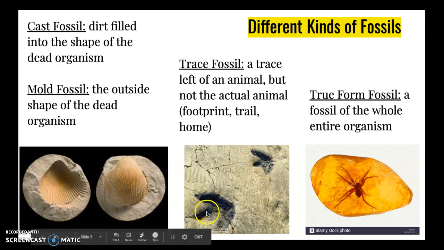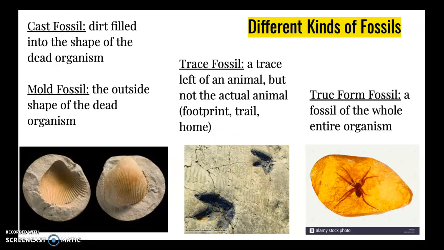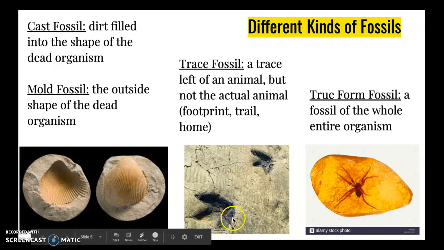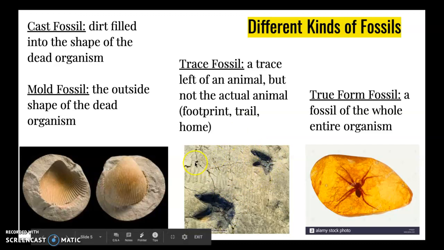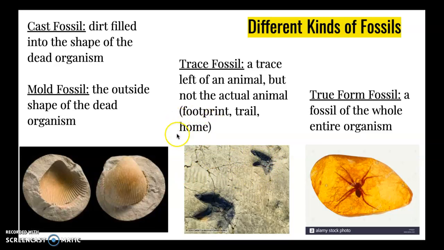These aren't actually the feet of the animal themselves, but it is the print that the actual feet made in the dirt thousands of years ago. A trail would also be an example, if they left a trail with their footprints or by dragging their tail, or their home. If you found a cave that a dinosaur lived in or a nest that a dinosaur lived in, you could explore that and that would tell you about them as well.